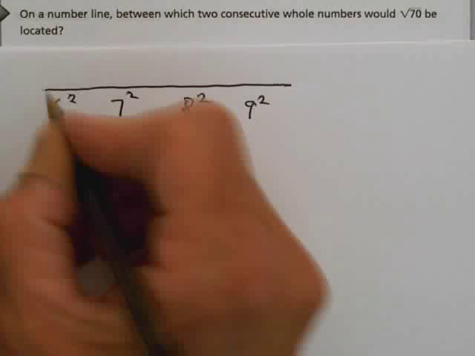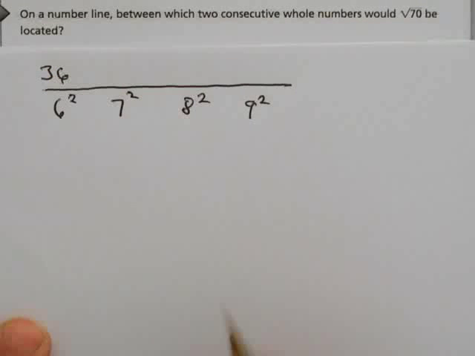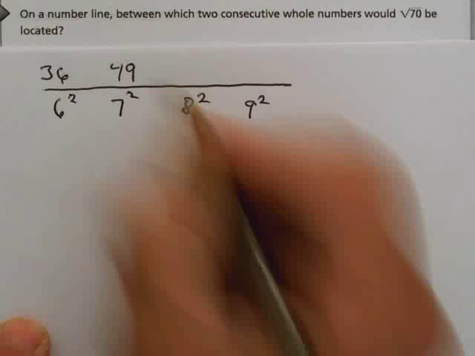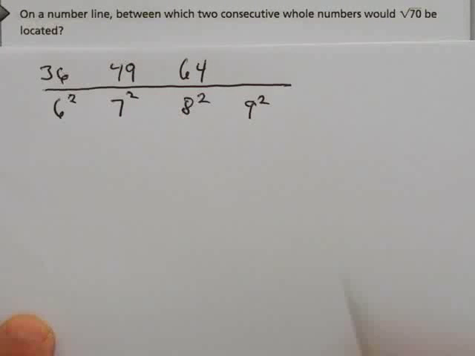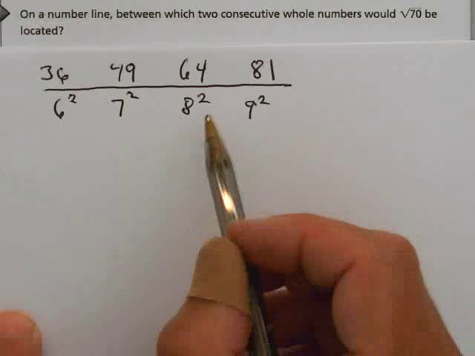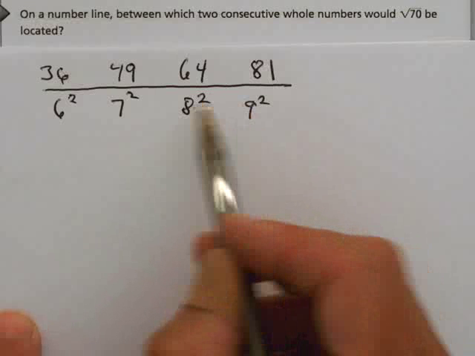So 6 squared, of course, is 36, and 7 squared is 49, 8 squared is 64, and 9 squared is 81. All right, so I'm trying to find where the square root of 70 would be. And clearly, the square root of 70 would have to be somewhere between 8 and 9.